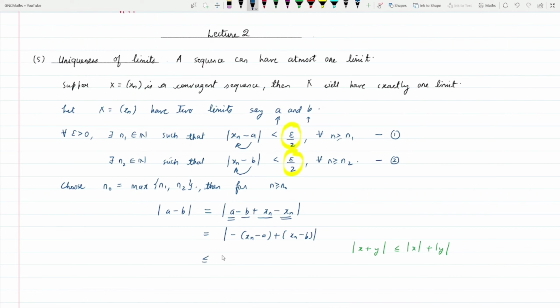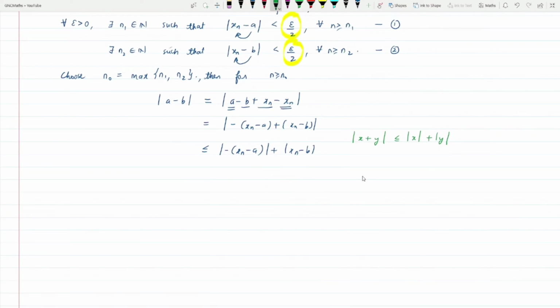So applying the triangle inequality, this can be rewritten as mod of negative (xn minus a) plus mod of xn minus b. Further, we know that mod of x is the same as mod of minus x, so that we can apply to the first modulus. So this is going to be mod of xn minus a plus mod of xn minus b.